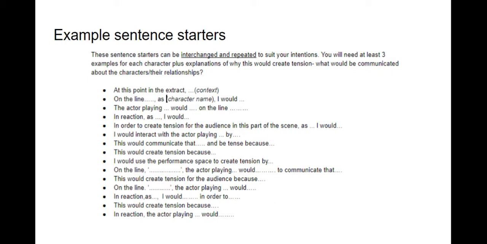So you can use those kind of phrases instead. But what it's helping you do is show how to say, on the line, I would, on the actor playing the other character, would, and be really specific in your examples. It will really help you to try and internalize some of these phrases and give them your best go in the exam.